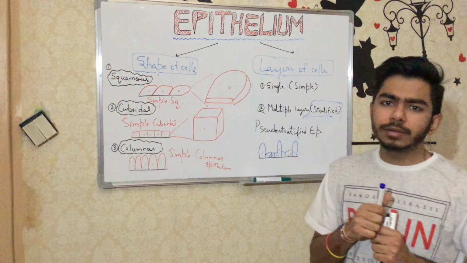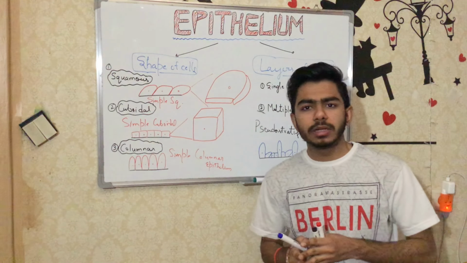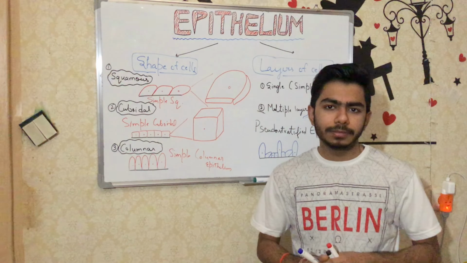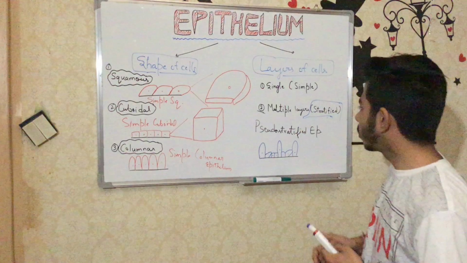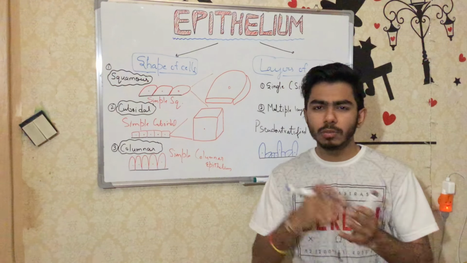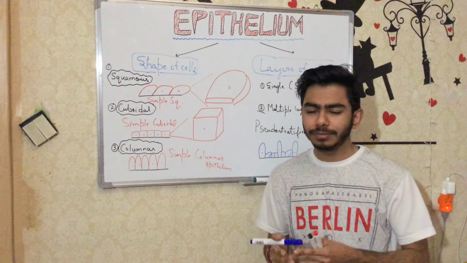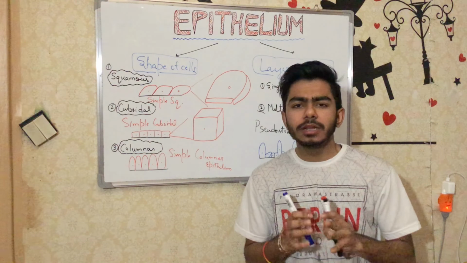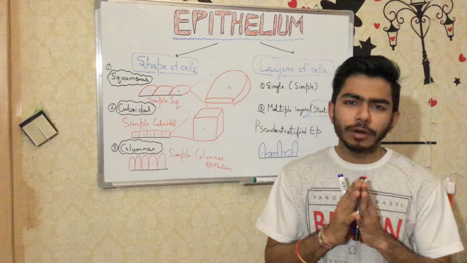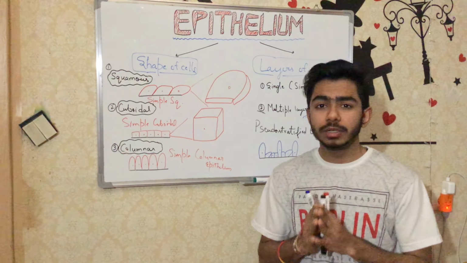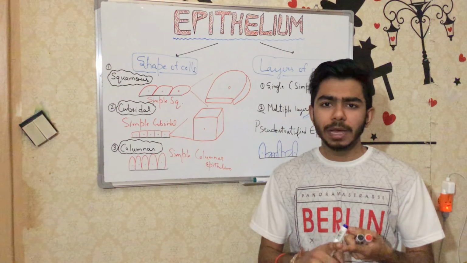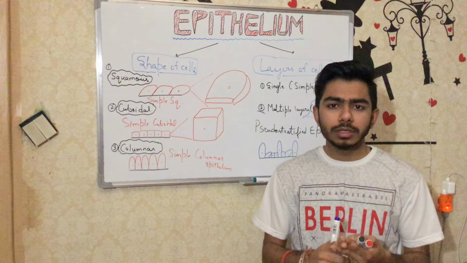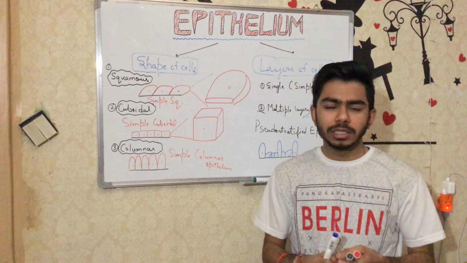Now we have one more epithelium, that is the transitional epithelium. Transitional epithelium may have cuboidal or columnar cells on the top of it. Transitional epithelium is present only in the urinary system, for example in the renal pelvis and calyces, ureter, urinary bladder, and some part of the urethra.